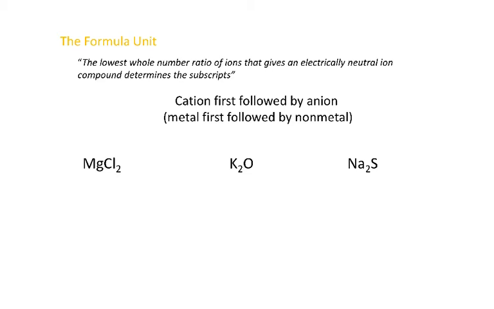So for example, when magnesium and chlorine form an ionic compound, you get MgCl2. The little subscript down here means two chlorine ions. So we have one magnesium ion and two chlorine ions.